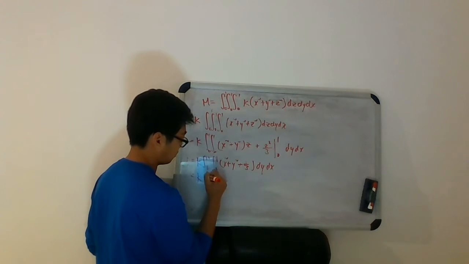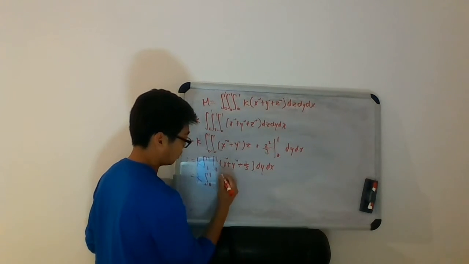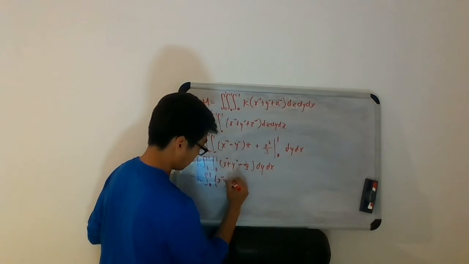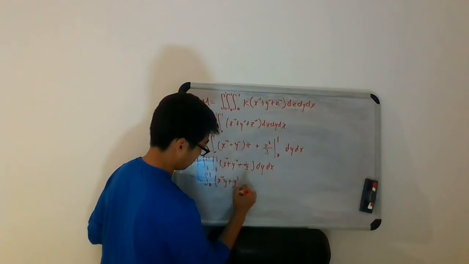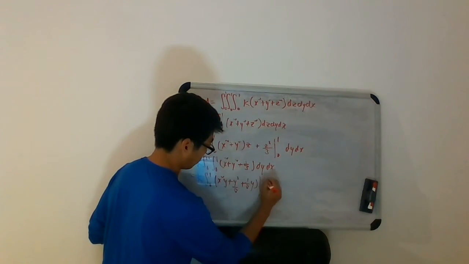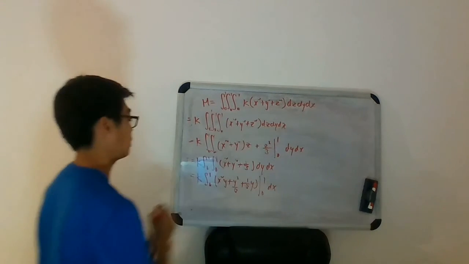So that'll be equal to k times the integral from 0 to 1 of x squared y plus y to the third over 3 plus 1/3 y from 0 to 1 with respect to x.